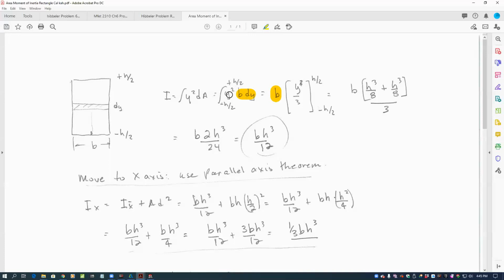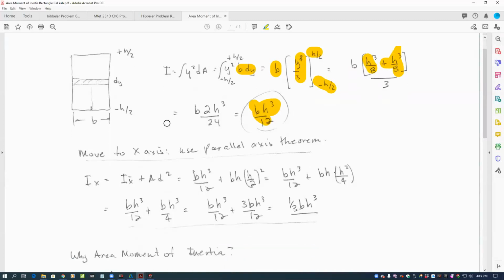Then integrate y squared becomes y cubed over 3 from a positive h over 2 to a minus h over 2. If you say inputting this value into the y cubed becomes h cubed over 8, and then a minus becomes a positive h cubed over 8, all over 3. Simplifying that becomes bh cubed over 12.